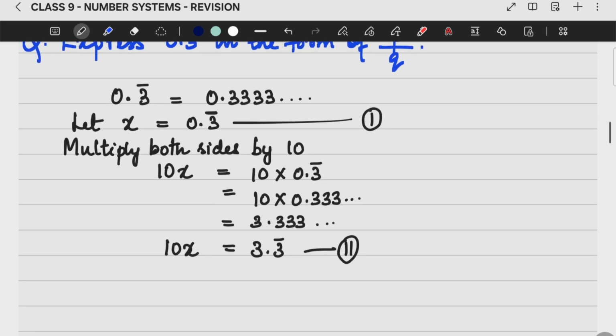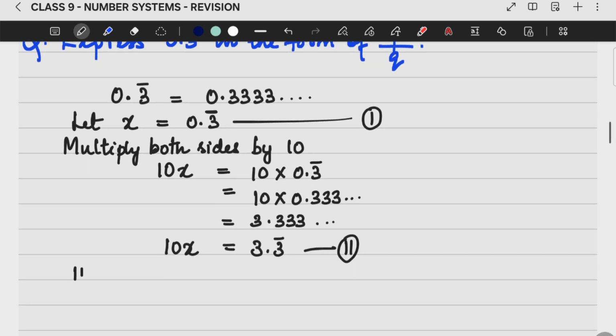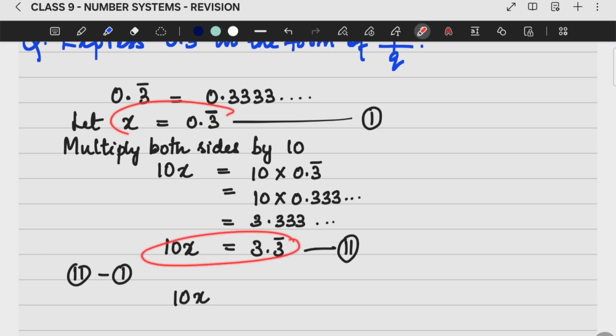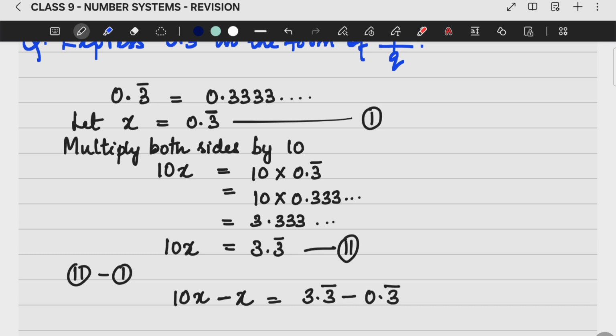Now what you have to do? Subtract 1 from 2. Now what will you have in the LHS, left hand side? It will be 10x minus x, equation 2 minus 1, is equal to 3.3 bar minus 0.3 bar.